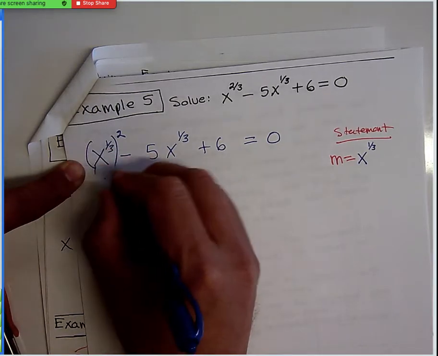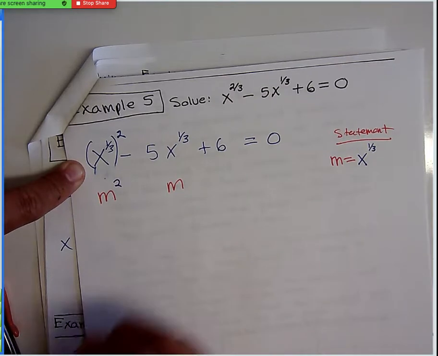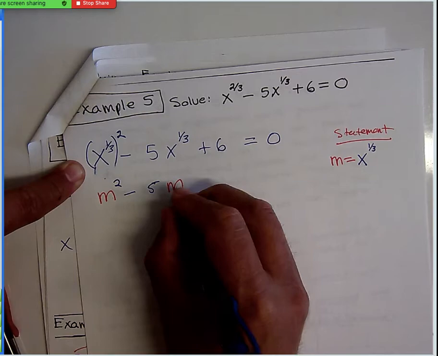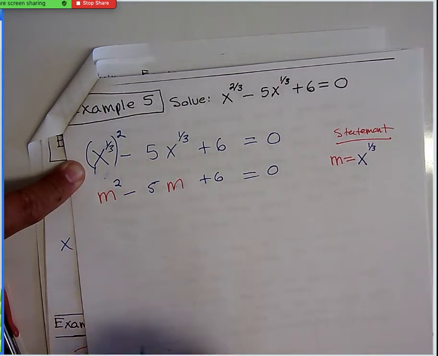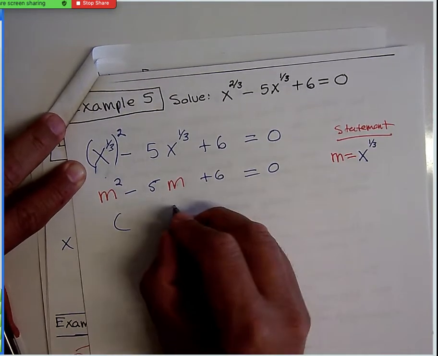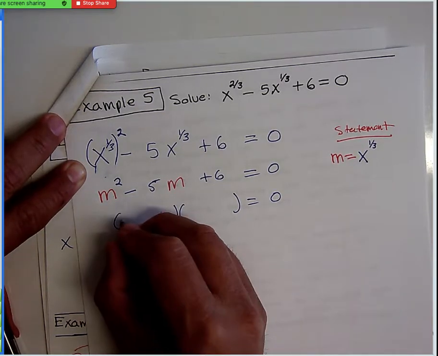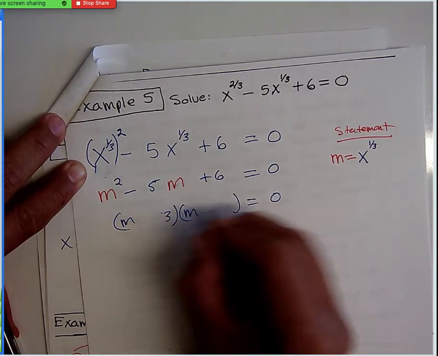So this whole thing is M. So I just have the M squared here, minus 5M, because the whole thing is M, plus the 6 equals 0. So now I made it look really easy. So again, you factor. So we use M. And this is 3 times 2.